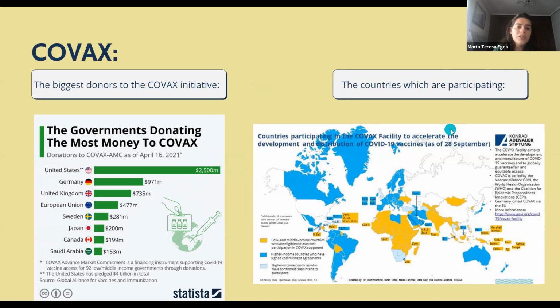And on the other graph, you can see the different countries which are participating. Those in yellow are the low and middle income countries which will be able to receive the COVID vaccines through the initiative.